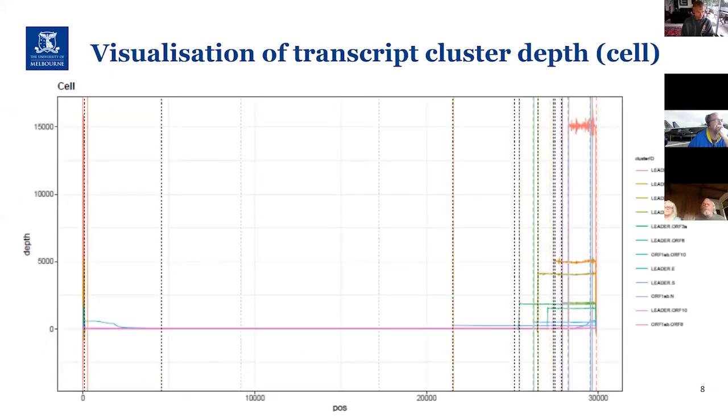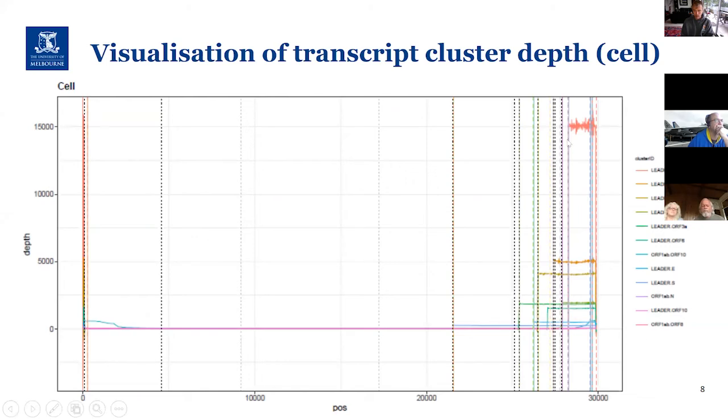So once you do that, the coverage plots begin to make a lot more sense. This now is the coverage plots of the leader-containing reads from the cellular material, colored by their different cluster. And you can see that now there are very sharp, distinct breakpoints where the coverage drops to 0.